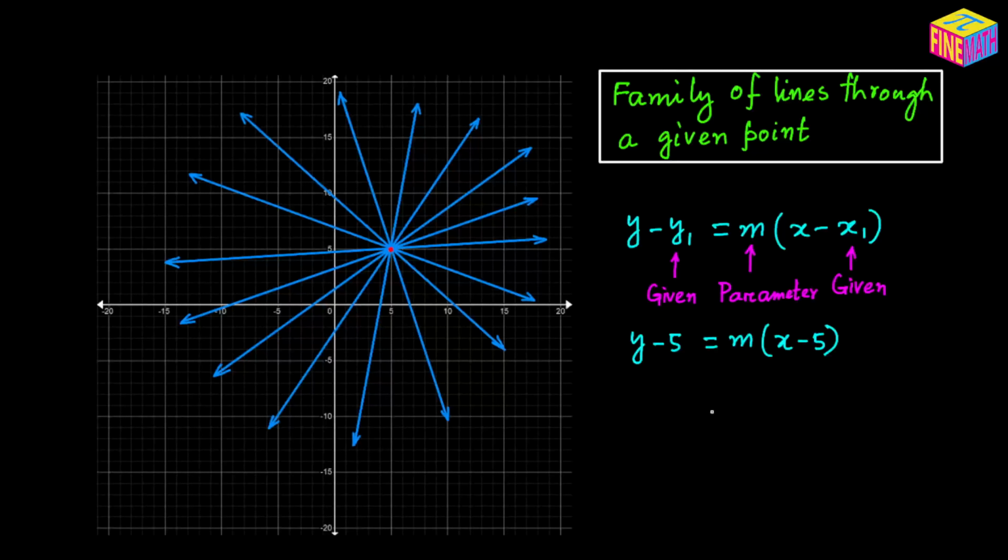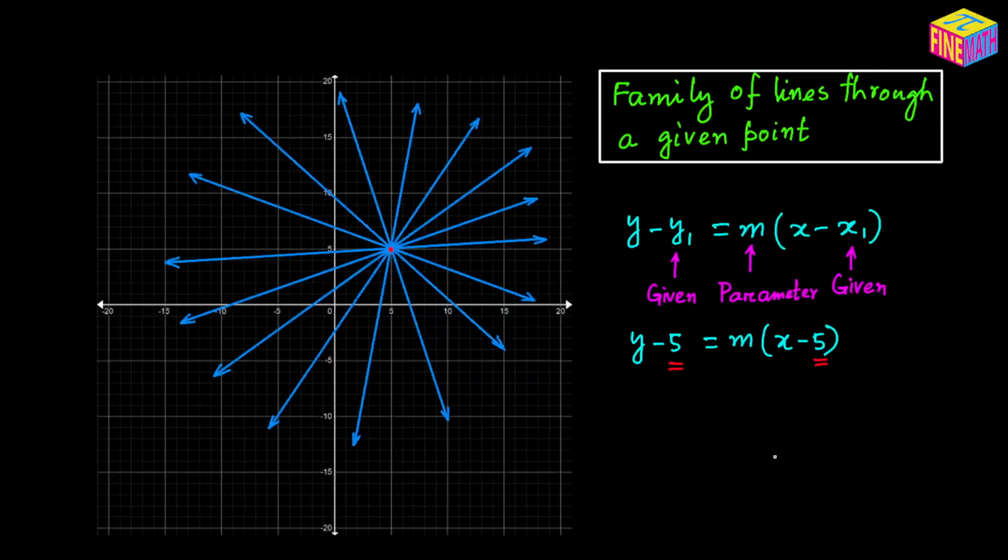They all go through the same particular point, which is 5, 5, and that 5, 5 is right here actually, this y sub 1, that's the y coordinate, and x sub 1, that's the x coordinate. I have denoted that with 2 red underscores here in the equation. So 5, 5 is the point through which all of these straight lines will be going, but they have different slopes. So using different values for m, we can come up with various equations, but the beauty is that all of those straight lines will go through that particular point.